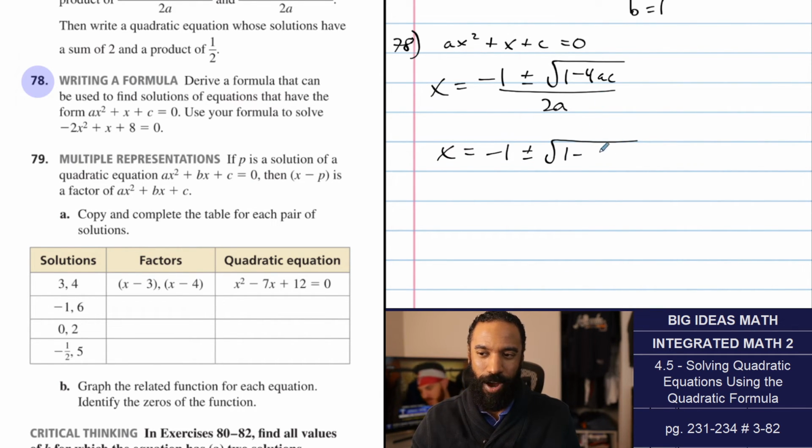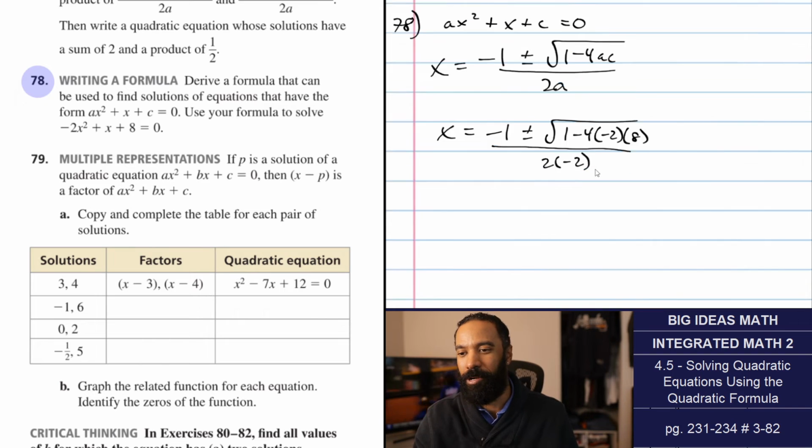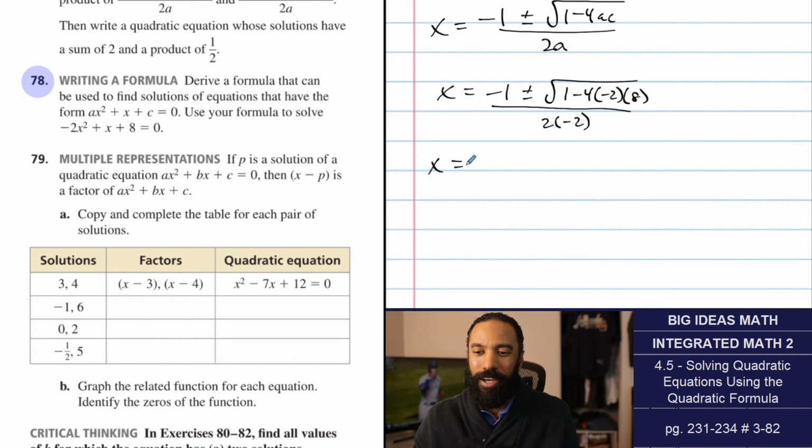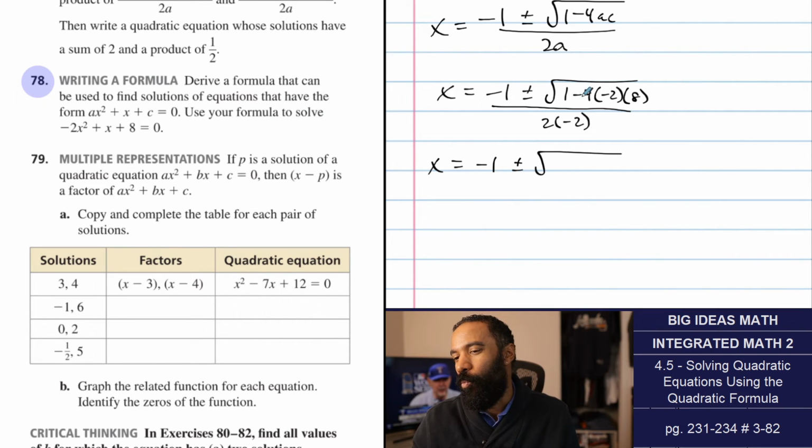Plus or minus the square root of 1 minus 4. Oh, c. This is the hard part. All divided by 2a. It's not hard. You guys would get it wrong when it comes to reducing a fraction, right? 1 plus or minus the square root of 1 plus 64, which is 65, all divided by negative 4.